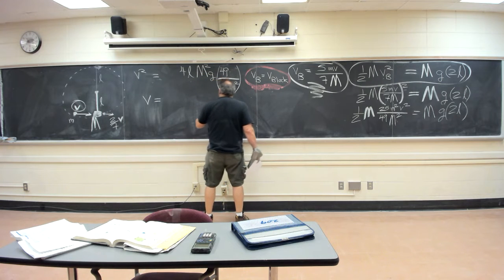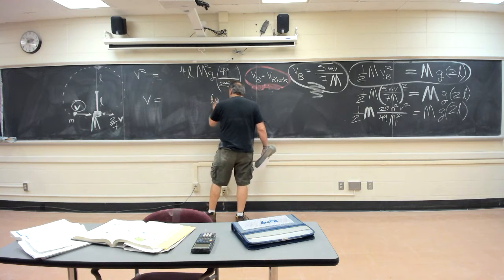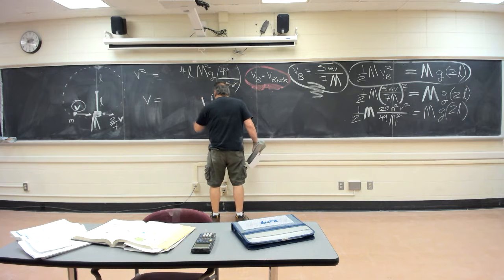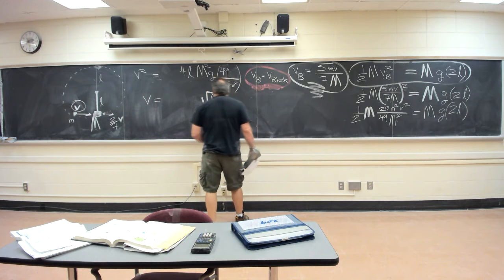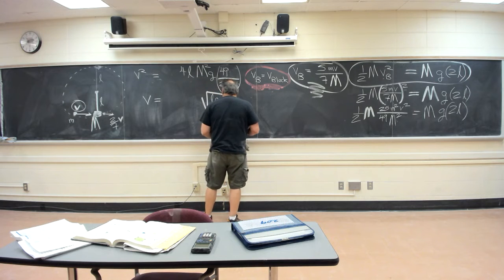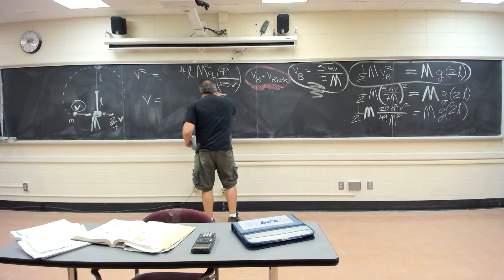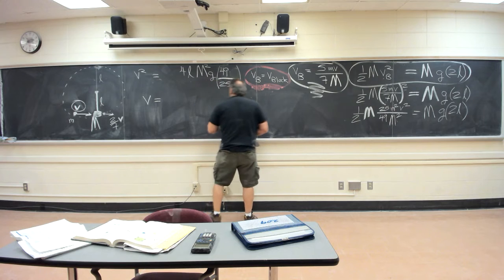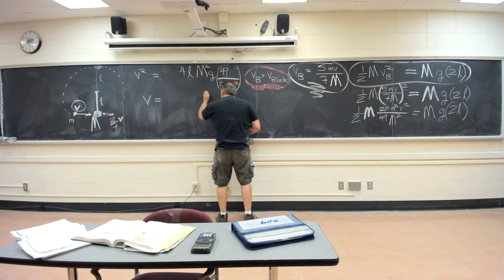Square root both sides. The only real square root peculiarity, I guess you could say, is LG or GL. Sure looks like it.